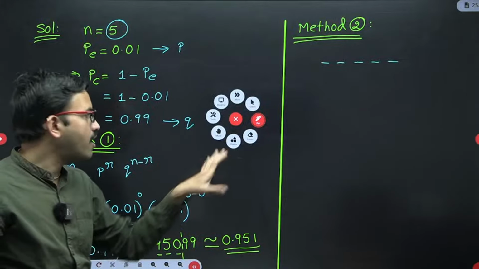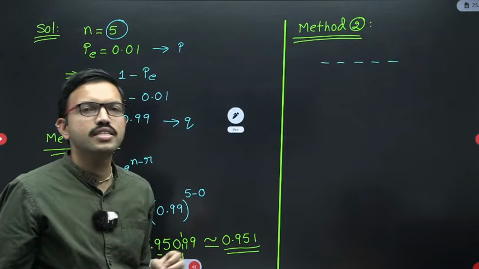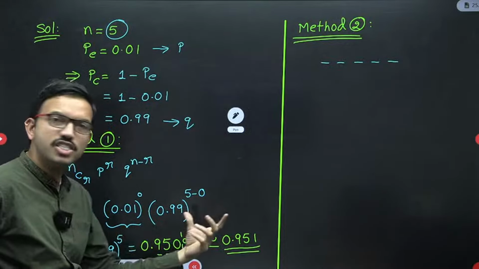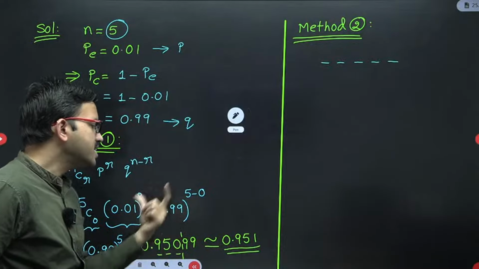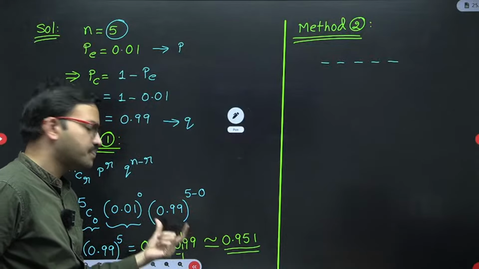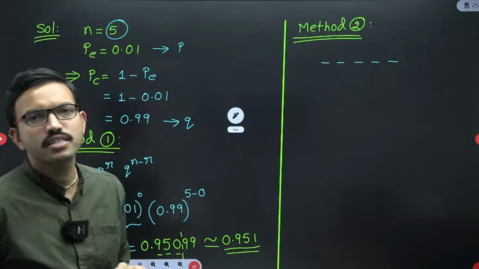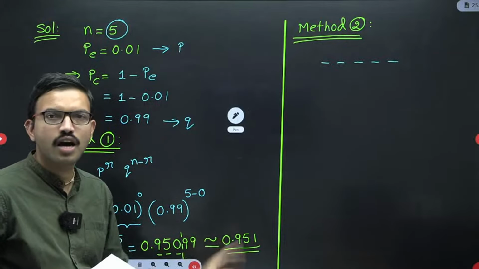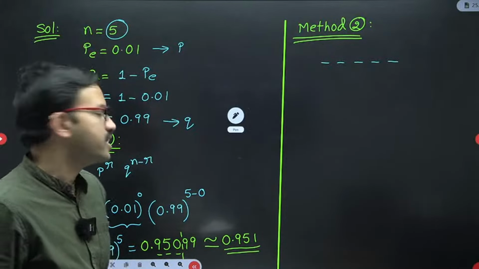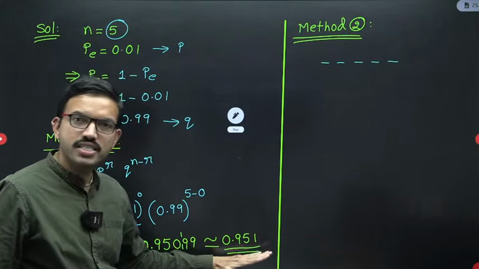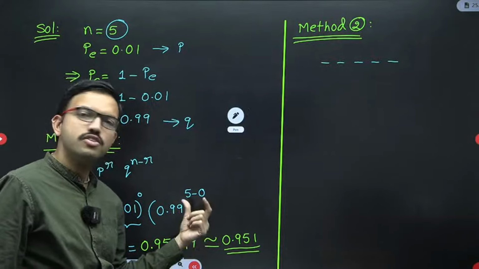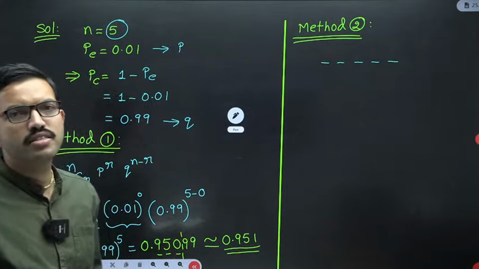In the answer key, when the GATE committee releases it, if they mention a range of values and your answer falls in that range, definitely you will get the marks. Because 0.950, 0.951 are almost closer. But accuracy wise, this one is correct, but generally for NAT questions, they provide a range of values. Accordingly, you can cross check after they have released the answer key.